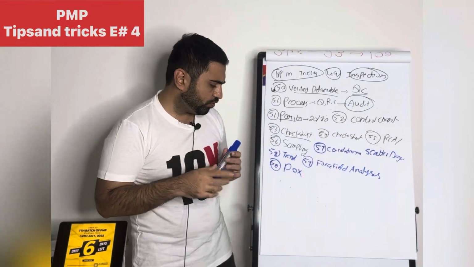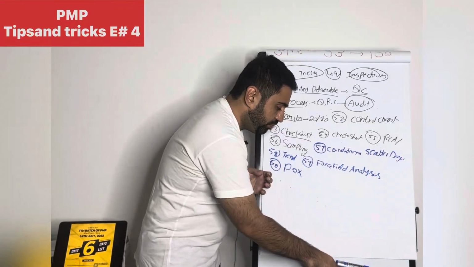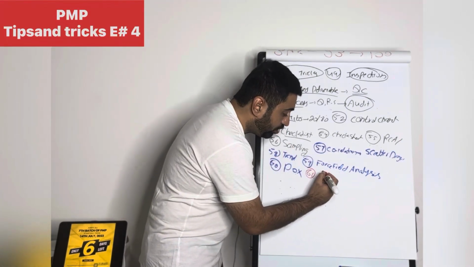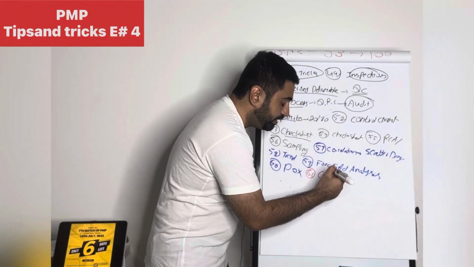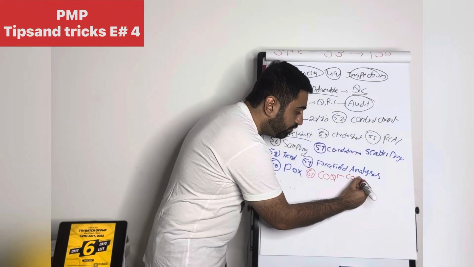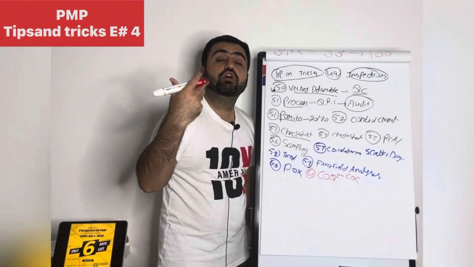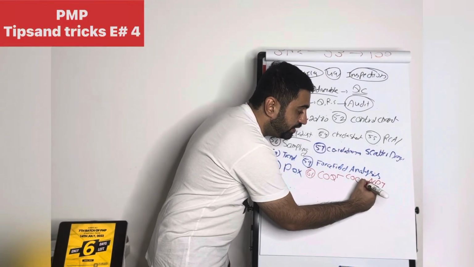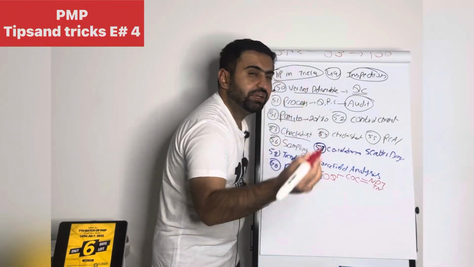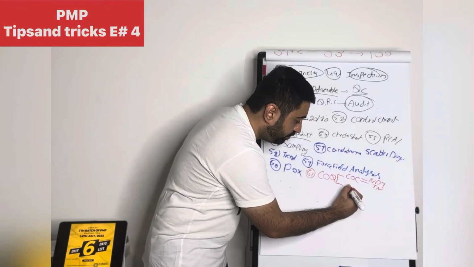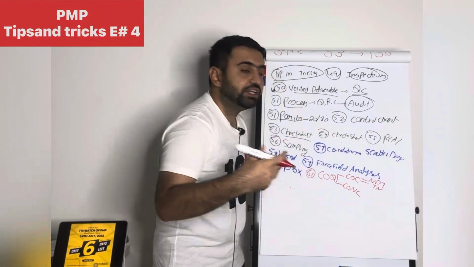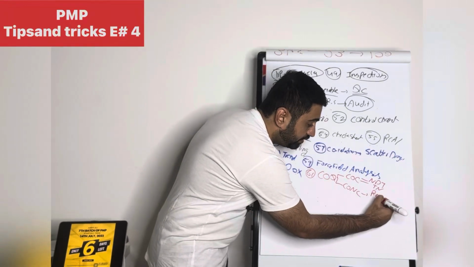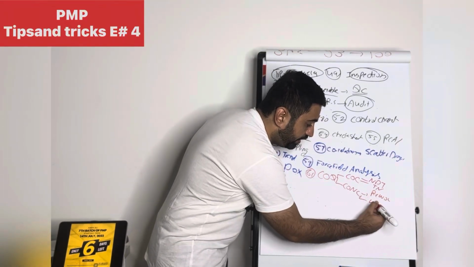One more tool of quality that I did not put here, and one of the actually important tools, is cost of quality. It consists of cost of conformance, money spent to avoid failures like non-destructive testing, training cost, appraisal cost, and cost of non-conformance, money spent because of failures like rework and warranty cost.